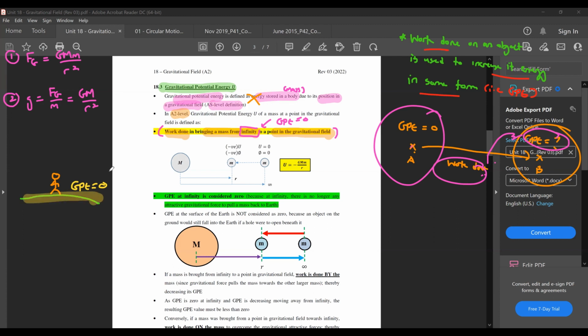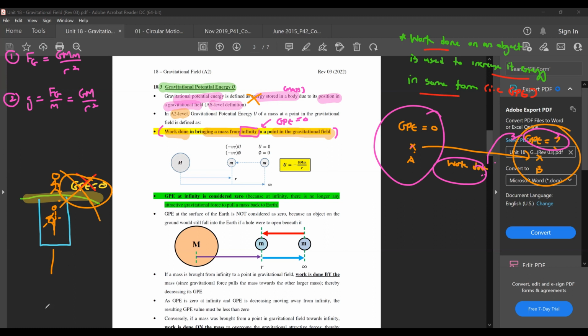This is actually not correct. Your GPE is not 0 on the ground where you're standing, because if a hole suddenly opens up beneath the person, they will still fall. That person still falling implies that there are still changes in GPE. So GPE cannot be 0 here, because you can still move down and still have changes in GPE.